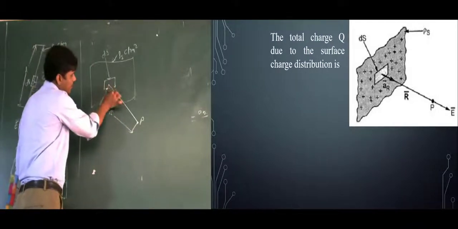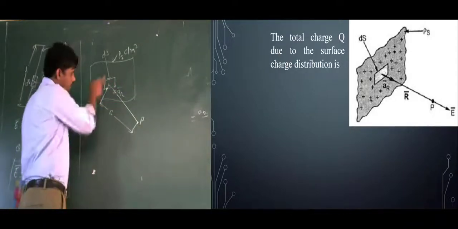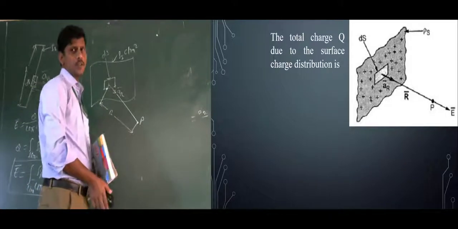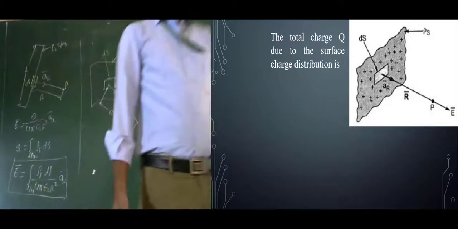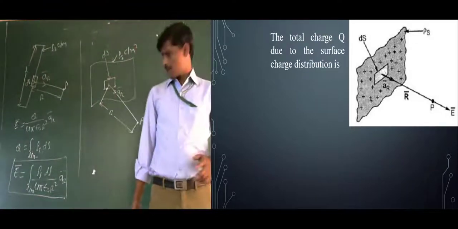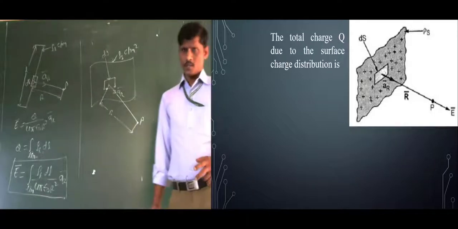Along this direction, the unit vector is AR, where AR bar is the unit vector in the direction normal to the elementary surface sheet.